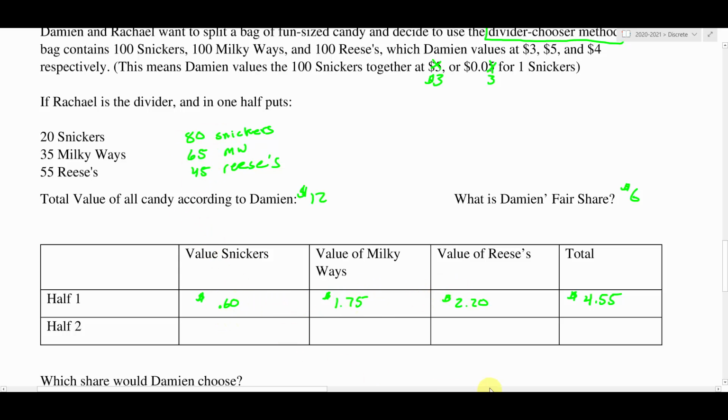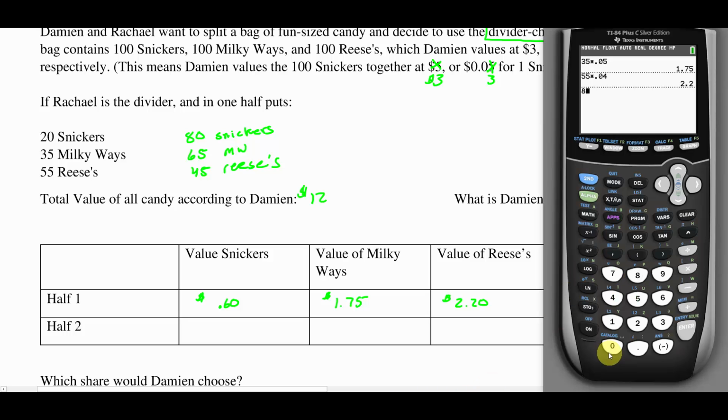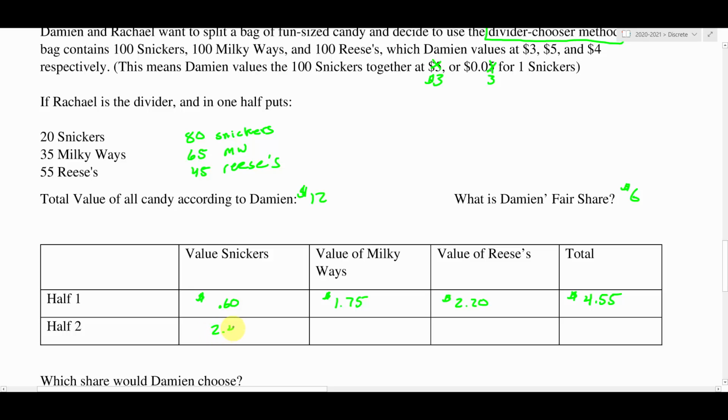And then I can go through the same process of figuring out the values of each of these. All right, so if I did 80 Snickers at 3 cents a piece, there's $2.40 worth of Snickers in half 2. And you might notice that if I add the value of Snickers in the first half and the value of Snickers in the second half, it gives you a grand total of $3, which is what we were supposed to have.